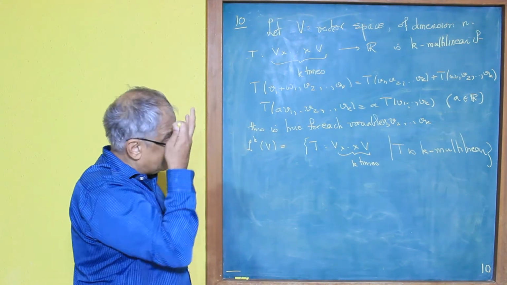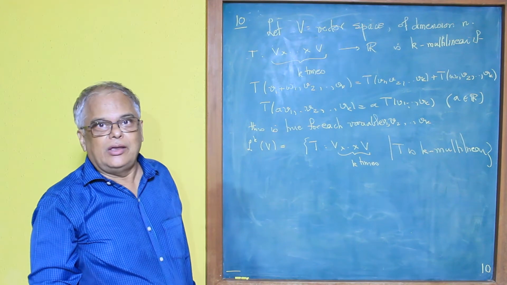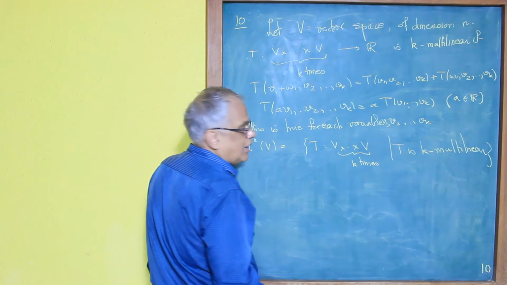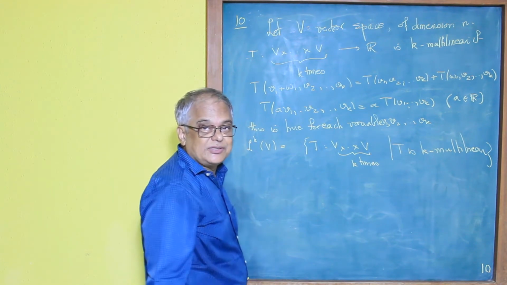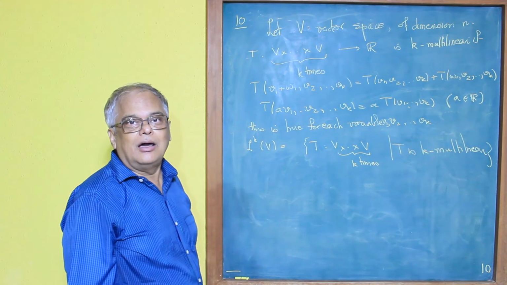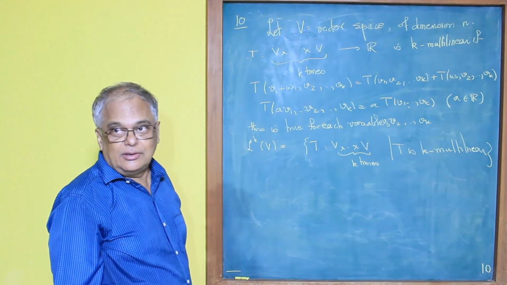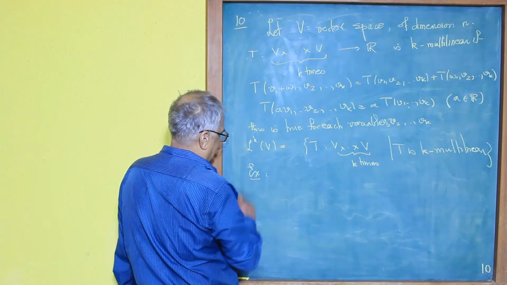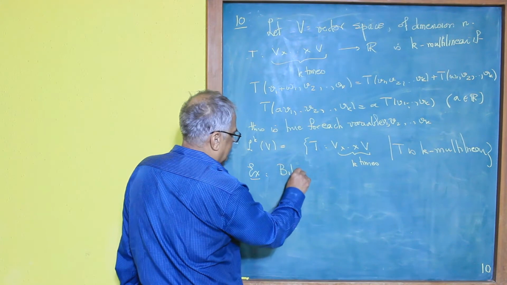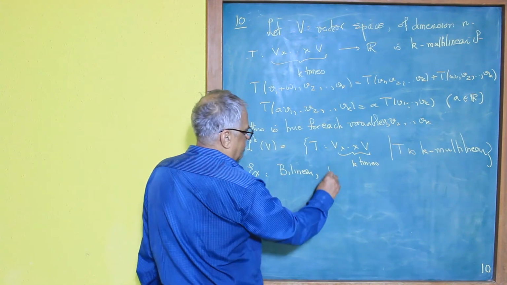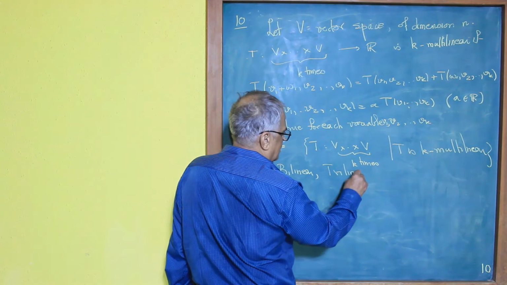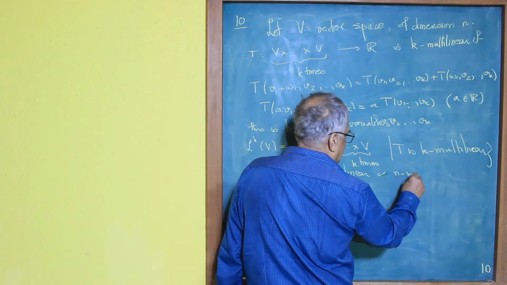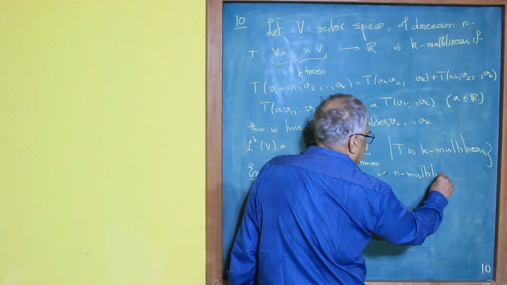Okay? What is an example of a k-multilinear map, say on R3? We have already seen bilinear maps, or trilinear, or n-multilinear.